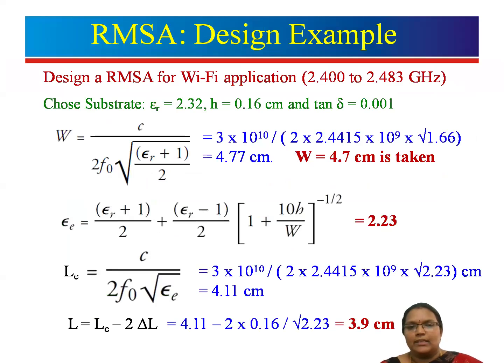By taking one example, we can explain the design of a rectangular microstrip antenna for Wi-Fi applications. We know the Wi-Fi range is from 2.4 to 2.483 gigahertz. We have to choose the substrate whose dielectric constant is 2.32, or we can choose any other substrate also.